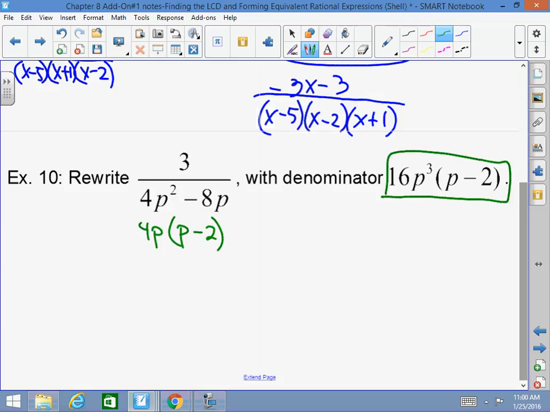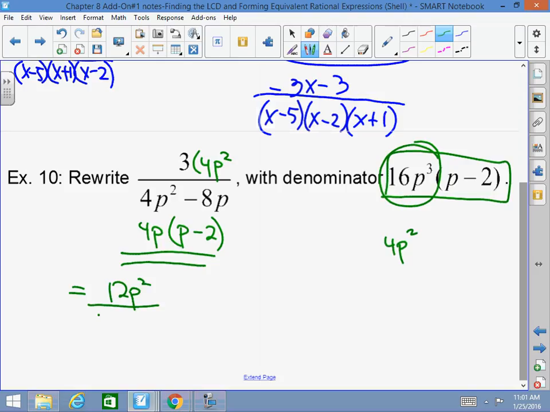So basically, I have to ask myself, what do I have to multiply to 4p times (p minus 2) to get the 16p cubed? Well, I'm going to have to multiply by 4p squared. So I'm going to multiply 4p squared up here. So my answer would be 12p squared over 16p cubed times (p minus 2).